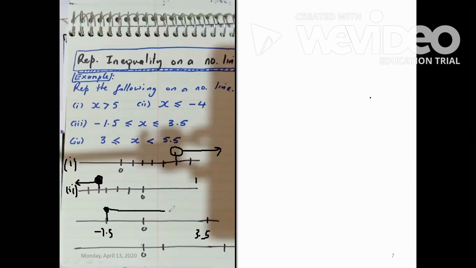You go that way, and at 3.5 it's also closed. So you shade it. How do you know it's closed? Because it's less than or equal to, less than or equal to, or it could have been greater than or equal to. So all of this section here is an interval starting at -1.5 and ending at 3.5.